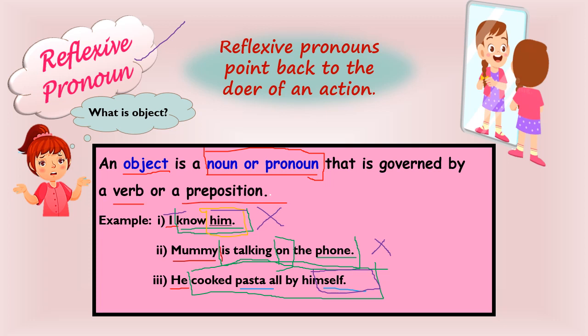Yes. This himself is reflecting to this he, that means the subject of this sentence. The subject of the sentence, that is he, and the object are the same person. So this is a reflexive pronoun. Is it clear, children?